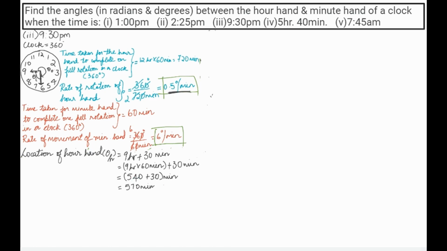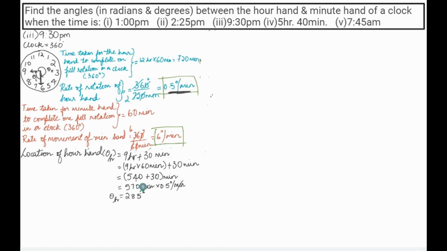The rate of rotation of our hour hand is 0.5 degrees per minute. So when we multiply 570 minutes into 0.5 degrees per minute, we will find the location of our hour hand. Minute unit and minute unit cancel out each other. So we get theta h as 285 degrees.